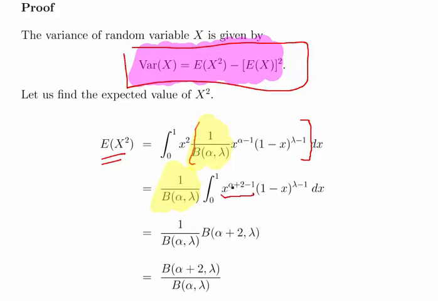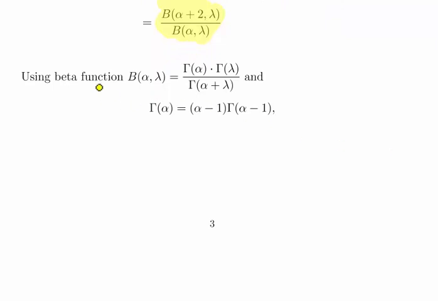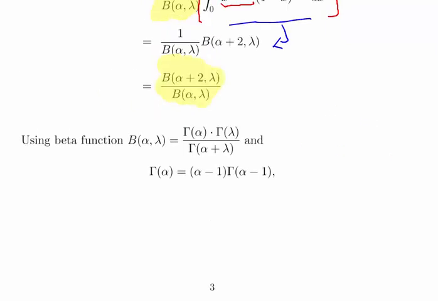x to the power of alpha plus 2 minus 1 times 1 minus x to the power of lambda minus 1, and we take the integral of that, dx. That can be expressed as the beta function of alpha plus 2, lambda. It's the same sort of calculations again to simplify it.